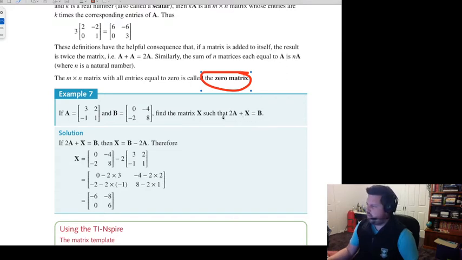So again, if you've got 2A plus X equals B and you want to find out what X is, you have to move this 2A over to the other side. Just remember how it works. If you have 2A and you want to move it to the other side, that's positive 2A. We need to subtract 2A from this side. Imagine that's an A. You need to do the same thing to this side.